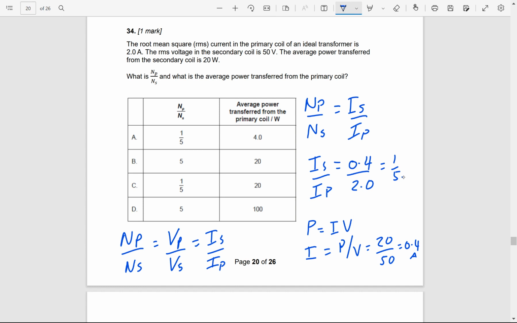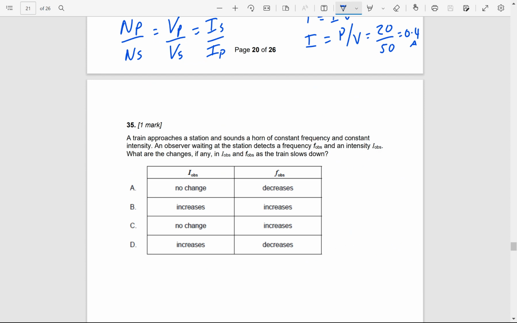That's a fifth. And average power transferred, we assume it's 100%. So the power transferred doesn't change if it's 100% efficient, and it doesn't tell you that it's not. Oh, it's not ideal. Okay, so it's 100% efficient. So that's a bit of a trick. So it's this one.